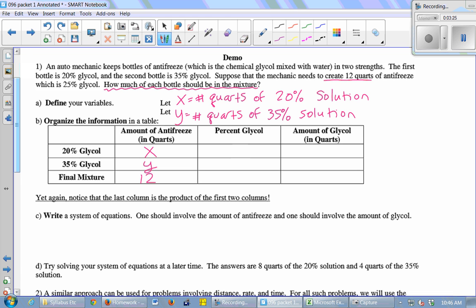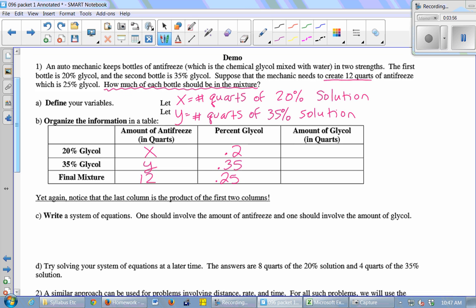We want to create 12 quarts. What is the percent glycol in the 20% glycol? 0.2. It's 20%, but when you do arithmetic with percentages, you typically change them to decimals. So we'll write that as 0.2, and 35% we'll write as 0.35. And what do I want my percentage to be when I make my mixture? 0.25. I want it to be 25%.